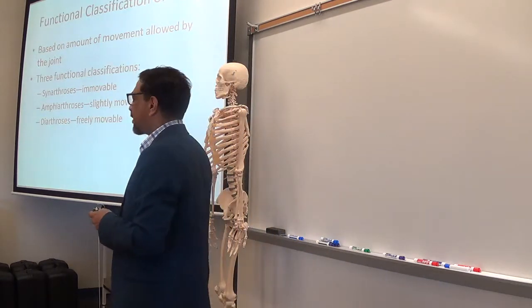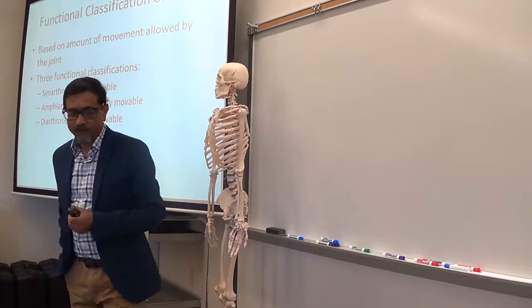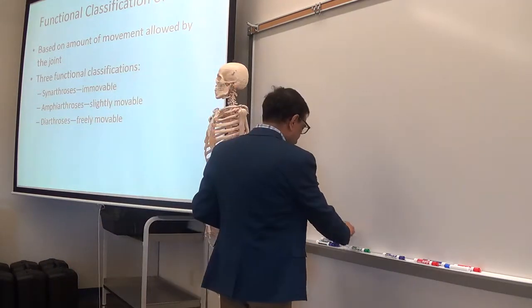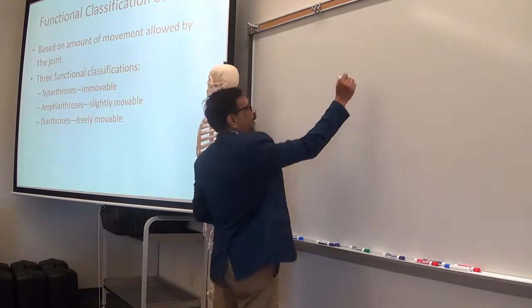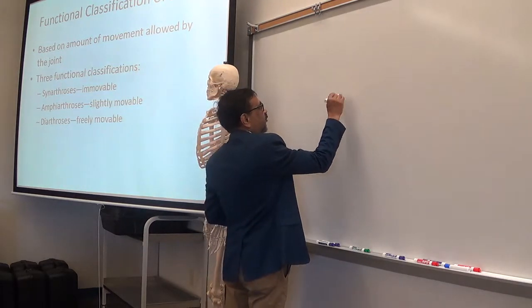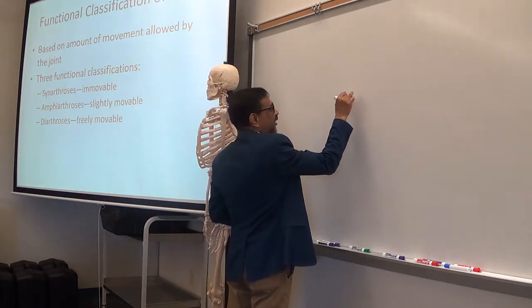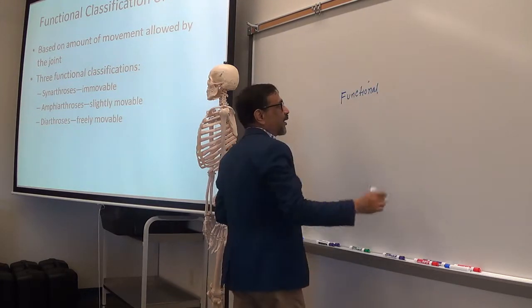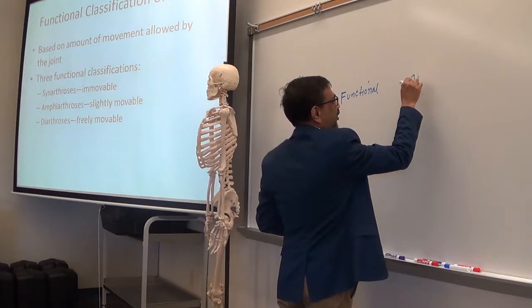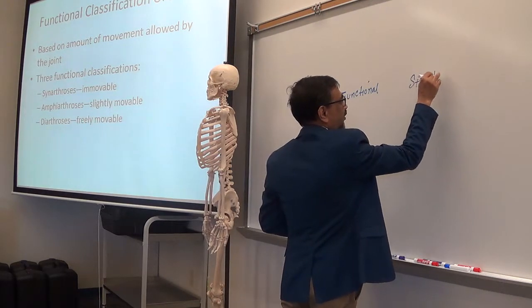How do we classify the joints? We classify the joints in two ways. One is functional classification. Another is structural classification.